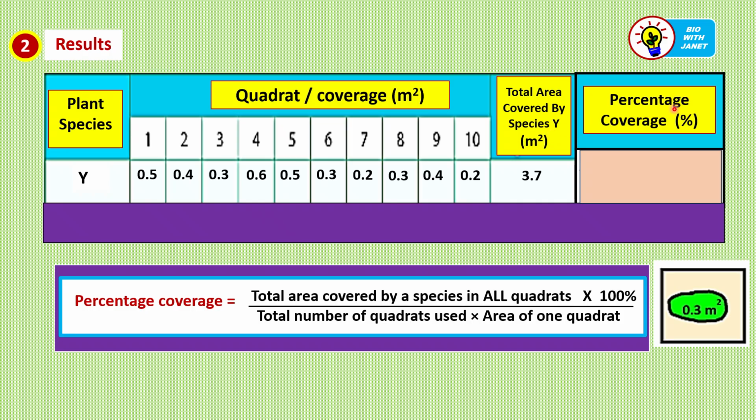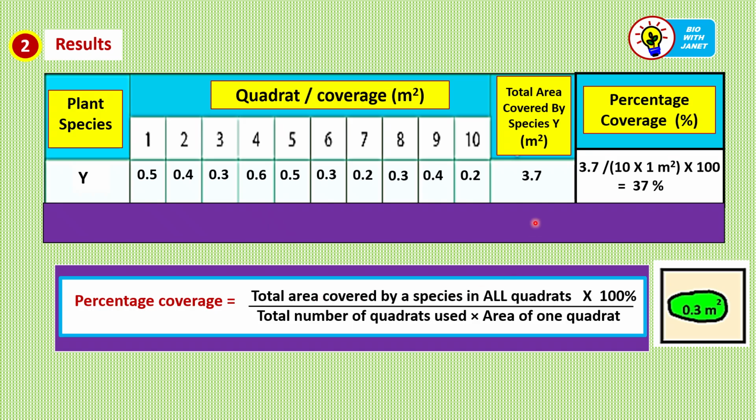So what is the percentage coverage in percent? Try and calculate this yourself first, and we'll look at the answer in a short while. Right, so did you get this answer? 37%, right? So as usual, if we look at the formula, we follow the formula here.